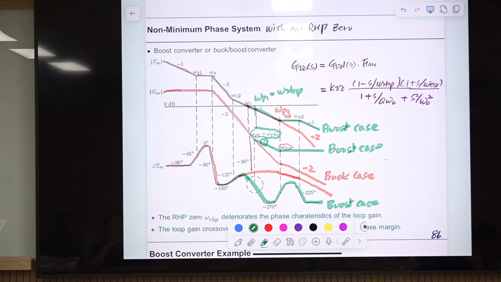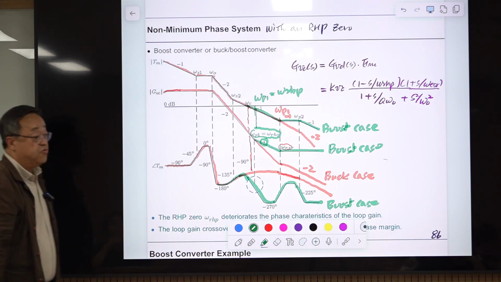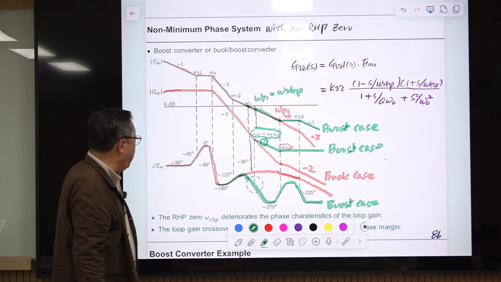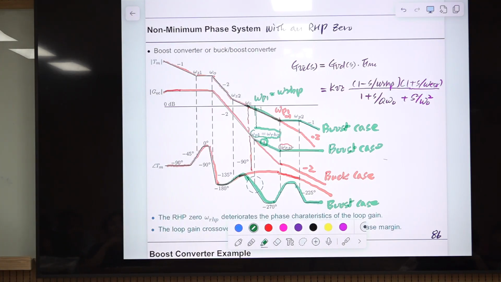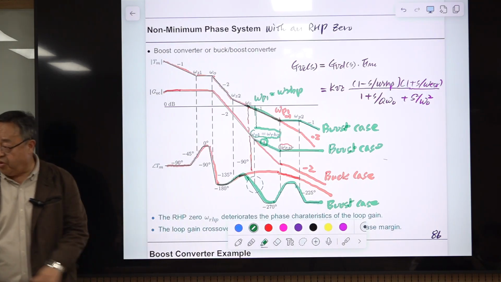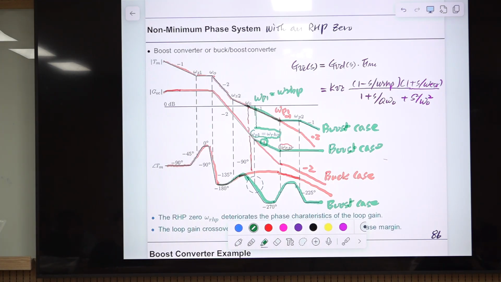Okay, you can figure this out later. It's not difficult to figure out. All right, so the phase is very bad here. If these corner frequencies are not widely separated, then the actual phase looks like this. This is the actual phase.